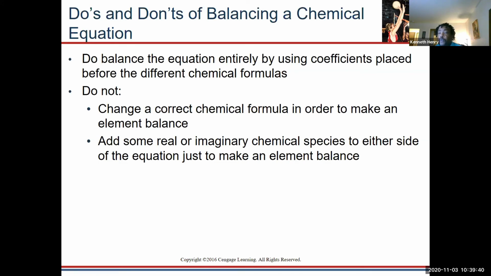Then you want to make sure everything is balanced, so you use coefficients to balance both sides of the reaction. Don'ts: you don't ever want to make up chemicals to balance out equations, or change the chemical formula to balance out the equation. You never ever change the chemical formula to try to balance the equation, and you never ever make up real or fake chemical species to balance out the equation.